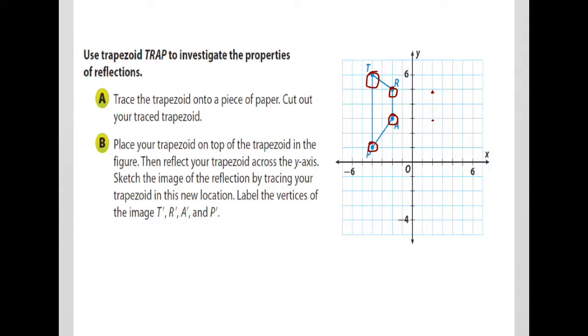And going this way, let's see, what do we have? This is your P prime, and then up here is your T prime. So that's what your actual trapezoid, and then just literally connect your points.